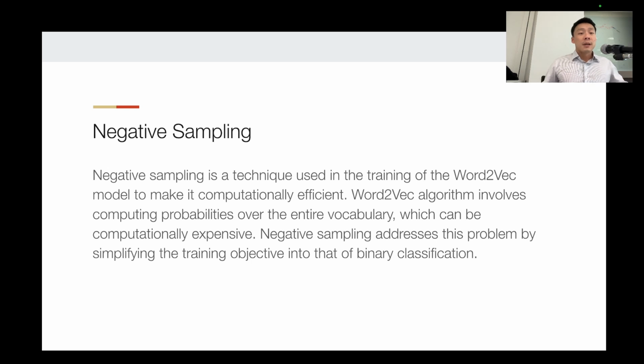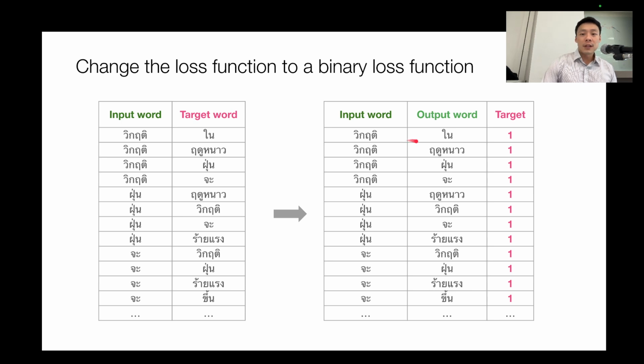To do that, we use this technique called negative sampling so that we can avoid computing the probability over the entire vocabulary for each individual word. All right, what does that mean?